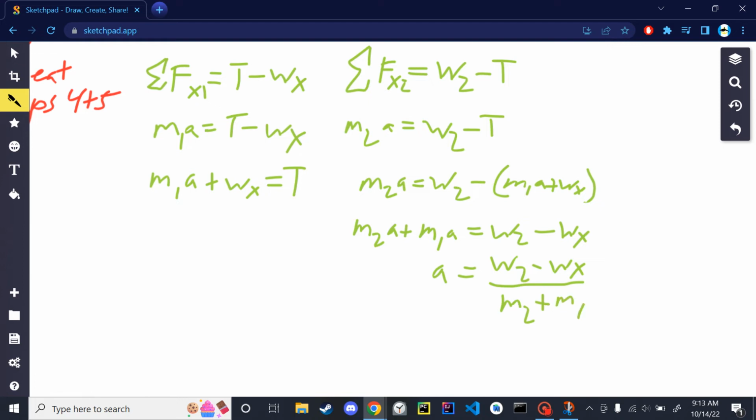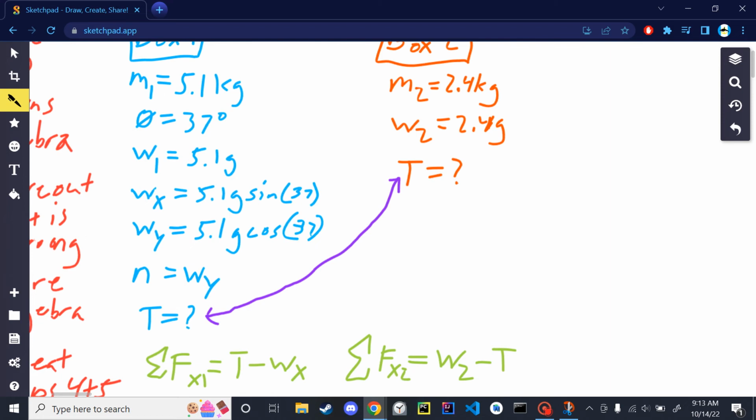Okay. So W2 is the 2.4 times the 9.8. And then Wx is which one? 0.1 times 9.8 times sine of 37.